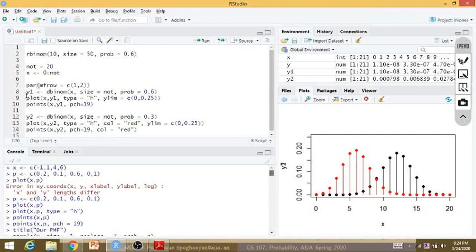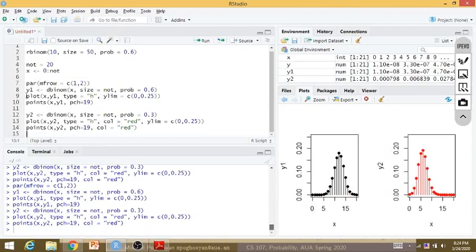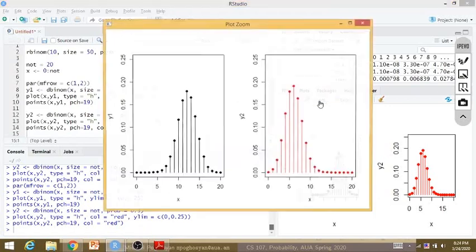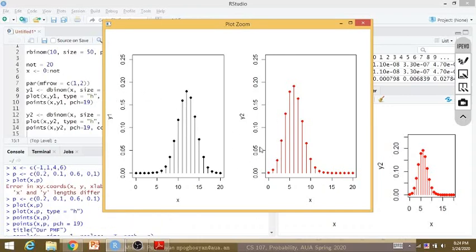I'm running this. It is dividing the graphical screen into 2 parts, because I wanted to have 1 row and 2 columns, and it is putting the graphs sequentially in that screen.